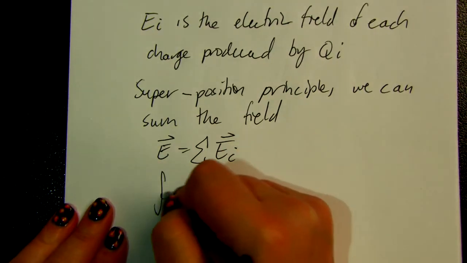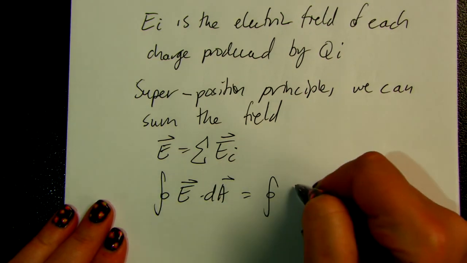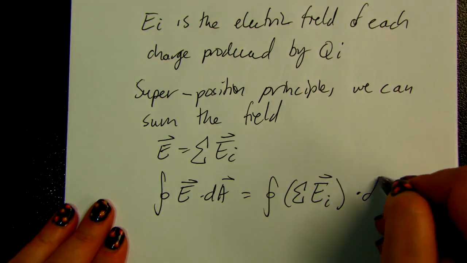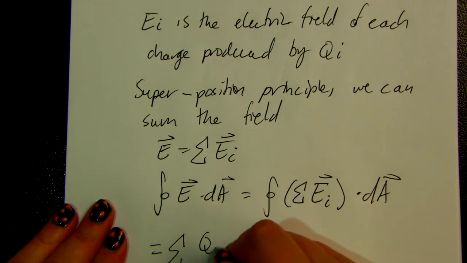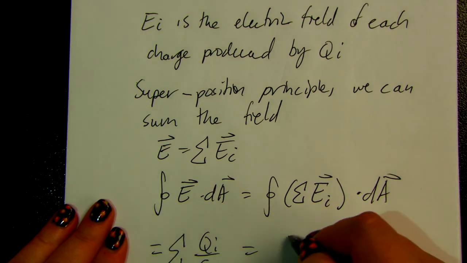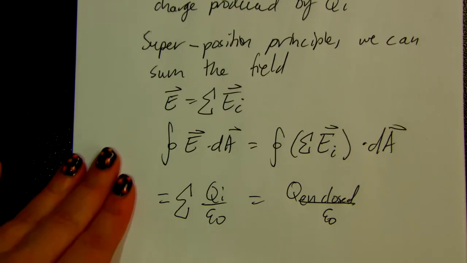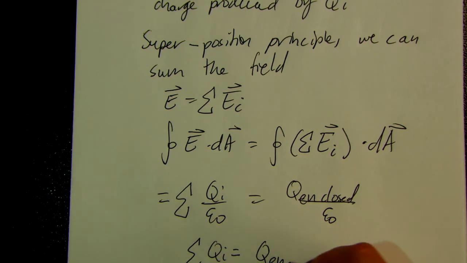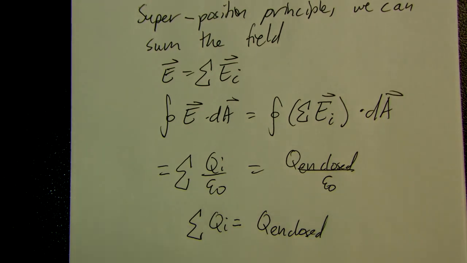Therefore, the surface integral E dot dA is equal to the surface integral of the sum of all of the field contributions times dA, which is equal to the sum of Qi over epsilon naught, which is Q enclosed over epsilon naught. So for this case, the sum of Qi is equal to Q enclosed. And this was even true in the first iteration that we saw. So all this will tell you is the net charge.